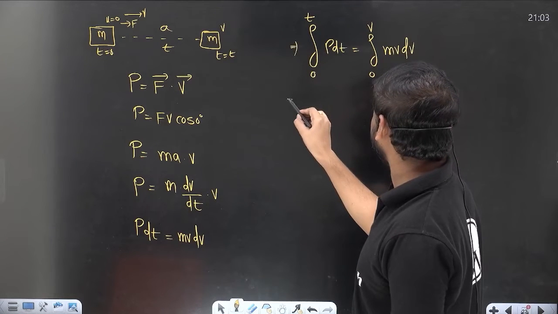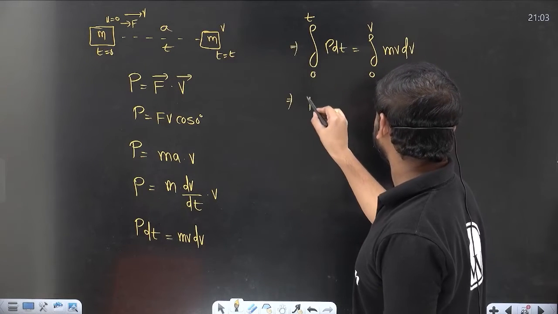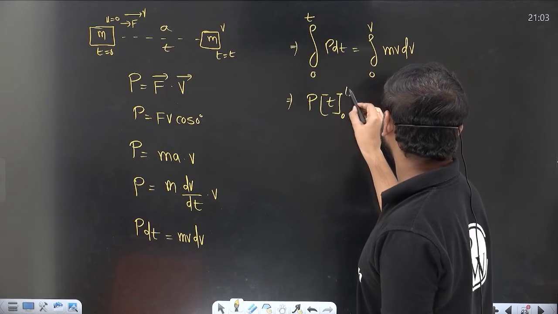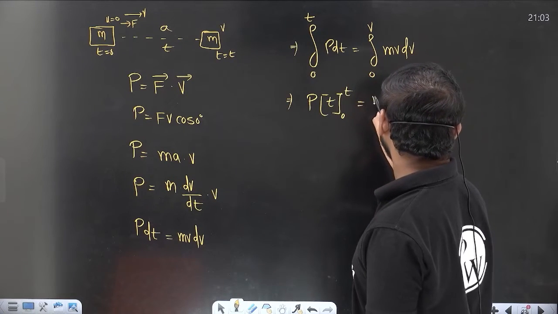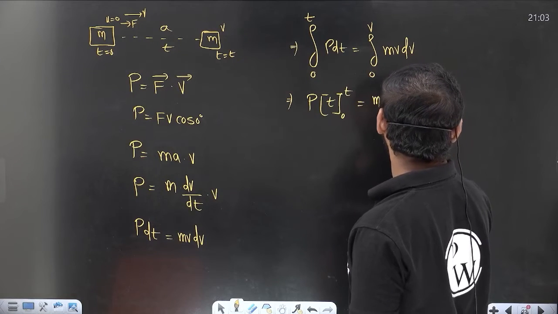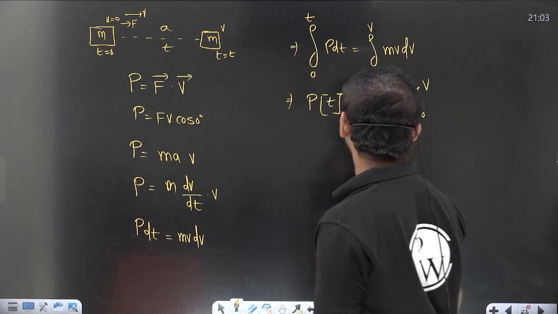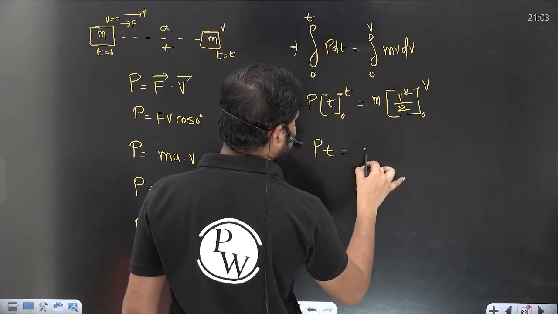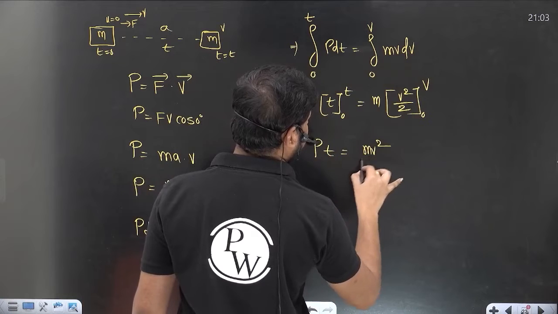Power is constant, so the integration of dt is t, from 0 to t. And m is constant, so the integration of v dv is v square by 2, from 0 to v. So this is going to be Pt is equal to mv square by 2.